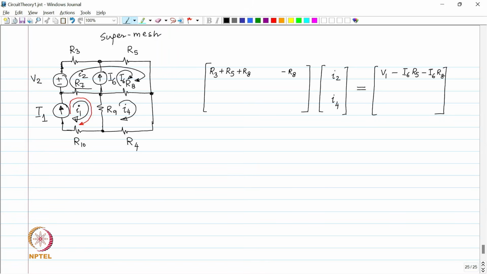Plus the drop across R7 is I2 minus capital I1 times R7. That completes the loop.